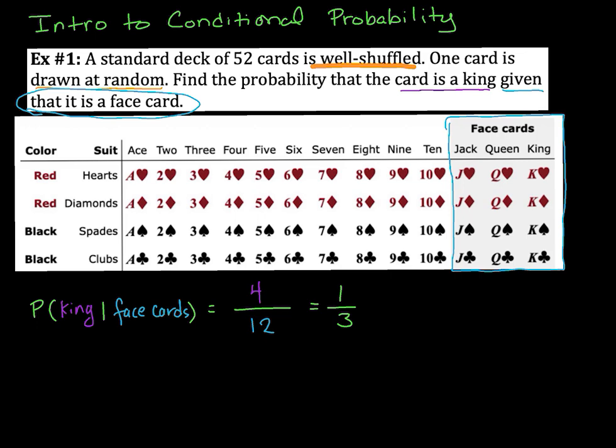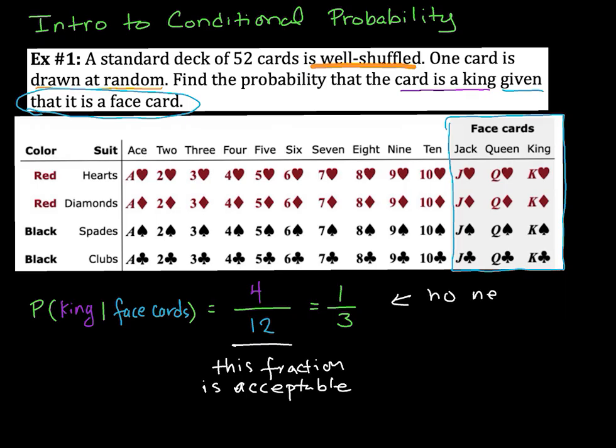You don't have to. This fraction is fine, right? I'm not looking for you to prove that you know how to reduce fractions. I just want to know that you understand what's going on with conditional probability. So this fraction is acceptable.